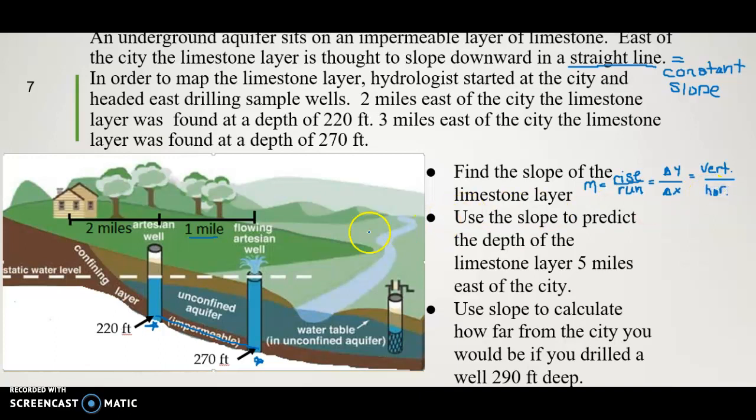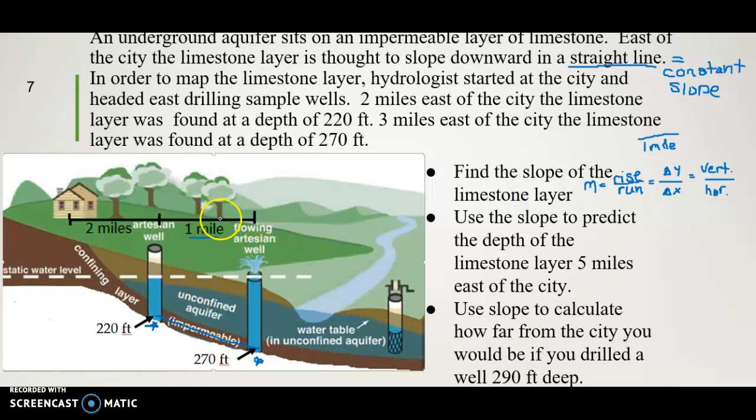So when we look at this little piece in here between the two wells on the picture, we can see that the change in the horizontal, the distance between the two wells, is 1 mile. And so as we go to find this slope, we have 1 mile as the bottom of that fraction. Then we want to figure out the change in the depth, which is our vertical distance.